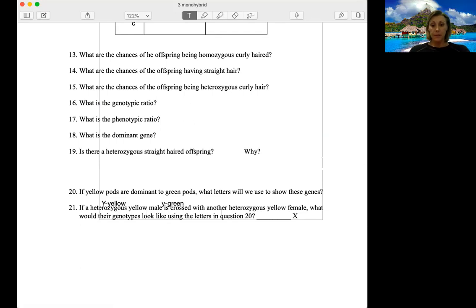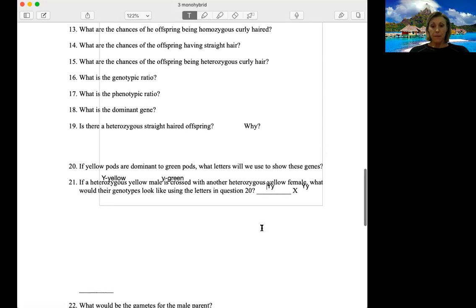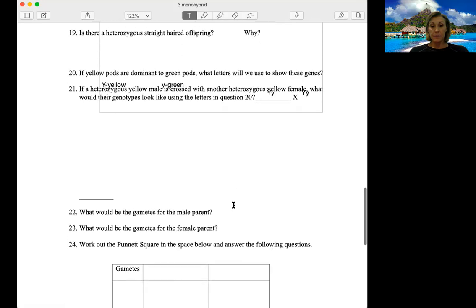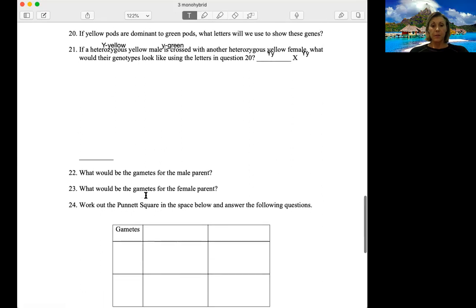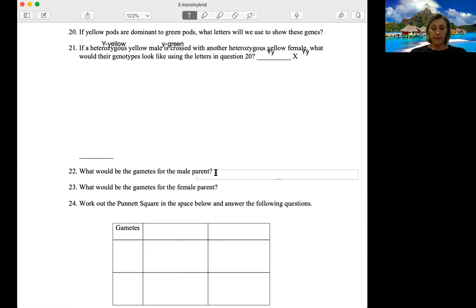That's going to be big Y, little y, and you will have big Y, little y. So these are the genotypes. What would the gametes be for the male parent? He could give either his big Y or little y. The female parent can also give big Y or little y.